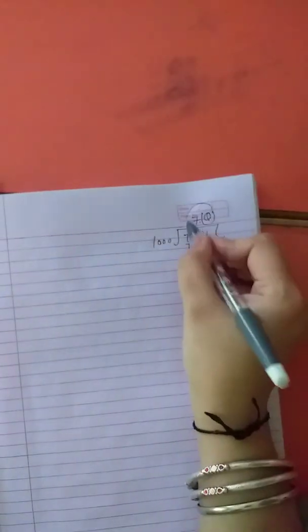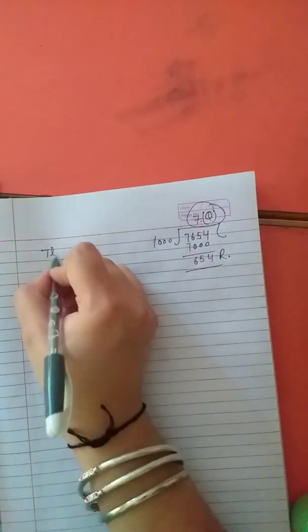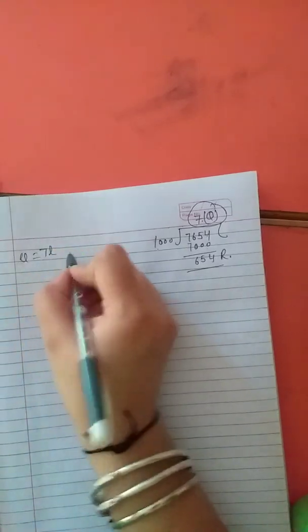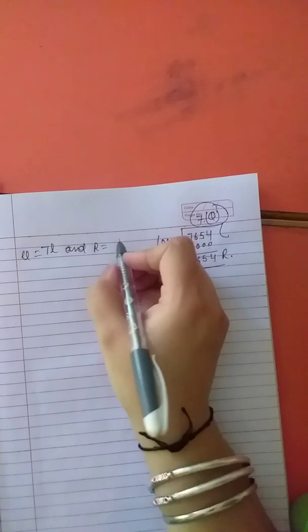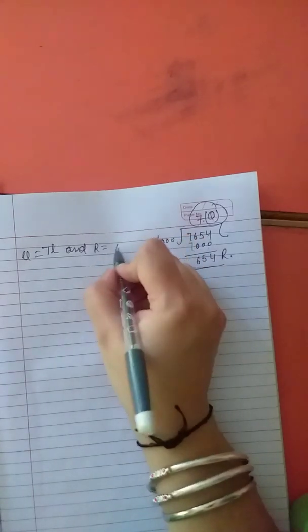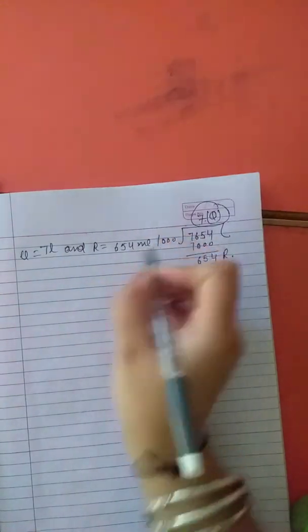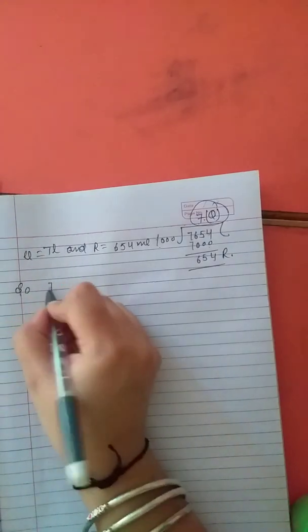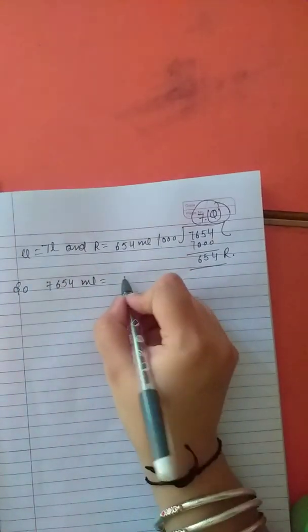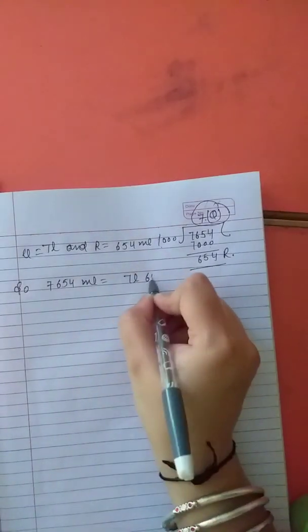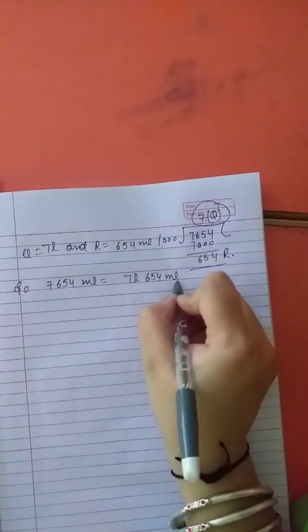So this is our 7 liter, and remainder is denoted by milliliter, 654 milliliter. So 7,654 milliliter is equal to 7 liter 654 milliliter.